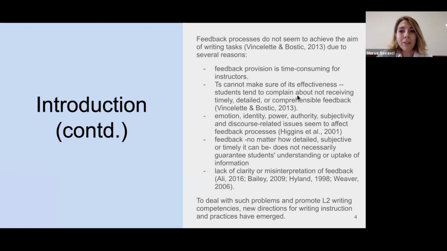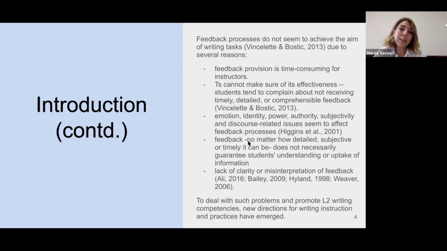Emotion, identity, power, authority, subjectivity, all of these seem to affect the feedback processes, right? Students' emotions are affected considerably in feedback processes. For example, if you return a paper full of red marks, like red ink, they would probably be demotivated, they would feel bad about it, right?